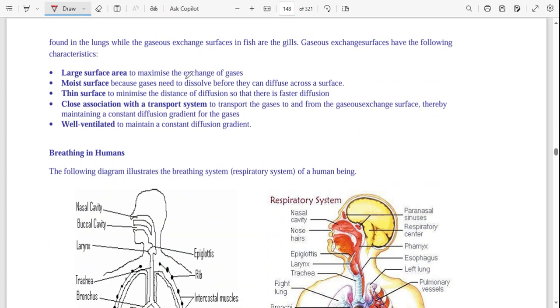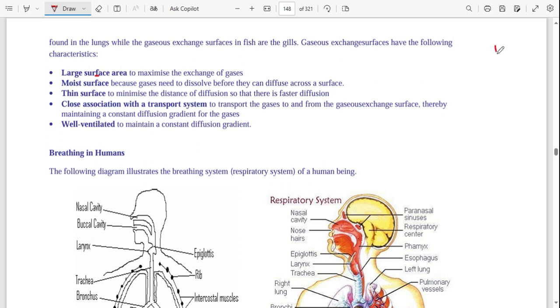So gaseous exchange, we have said, happens in the alveolar. What are the characteristics that make gaseous exchange possible? Okay. We have got large surface area. So there is a large surface area in the alveolar, and that is to maximize the exchange of gases.